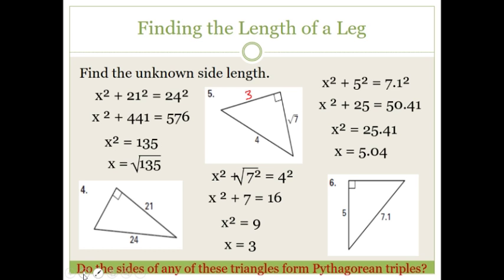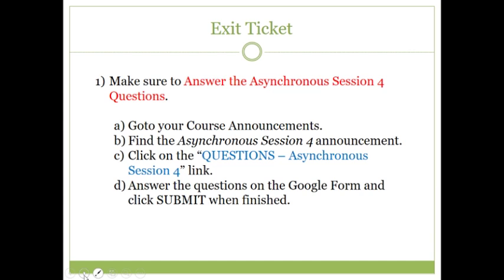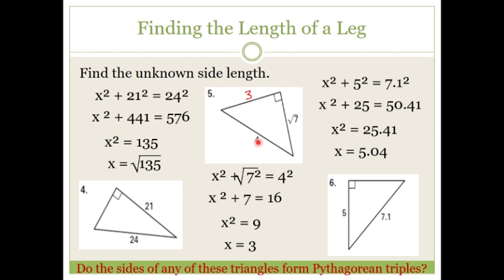So do any of these sides form a Pythagorean triple? Well, in example 4, the square root of 35 is not a positive integer, so that is not a Pythagorean triple. In example number 5, even though the answer we got for the leg that we were looking at is an integer, the integer 3, we can see that the hypotenuse is length 4, however, the other leg is the square root of 7, and the square root of 7 is not an integer.